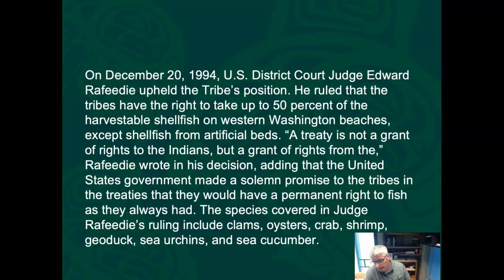But any naturally occurring clams and oysters, treaty tribes would have access to that. And this also includes clams, oysters, crabs, shrimp, geoduck, sea urchins, and sea cucumber. These later ones, we'll talk about, wind up being extremely important, to me, shockingly important.